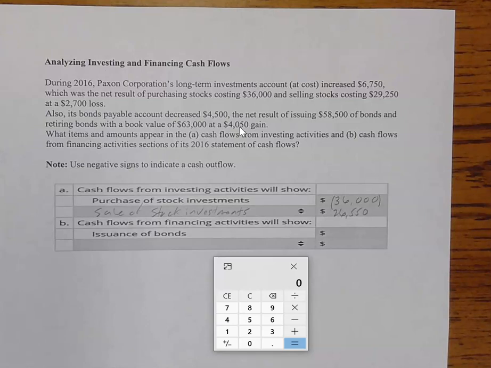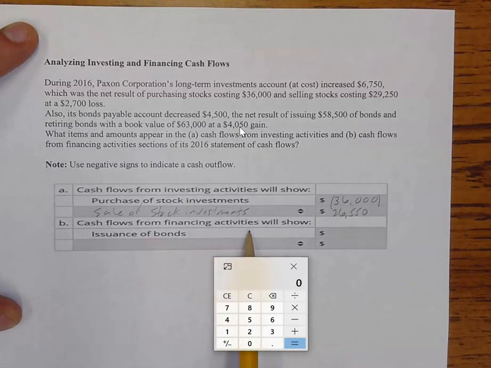Okay, so what that means for us, the first part of this is pretty basic. It's worth noting that bonds are a financing activity. We can probably figure that out because it's right here under cash flows from financing activities.